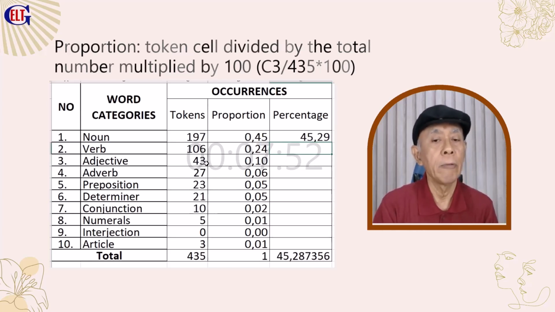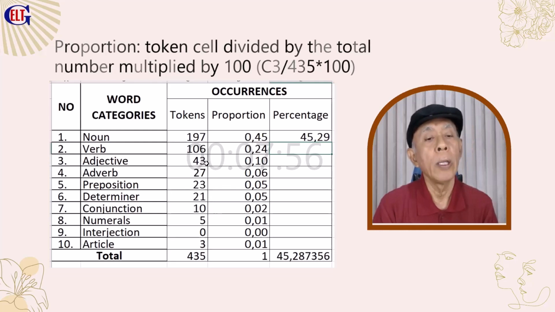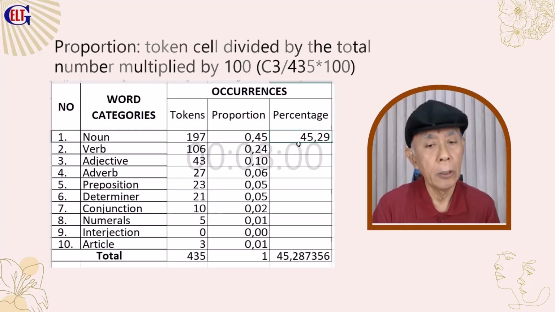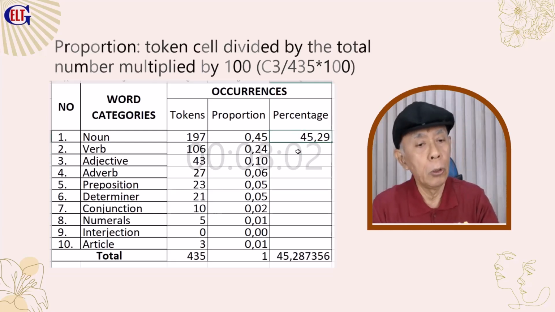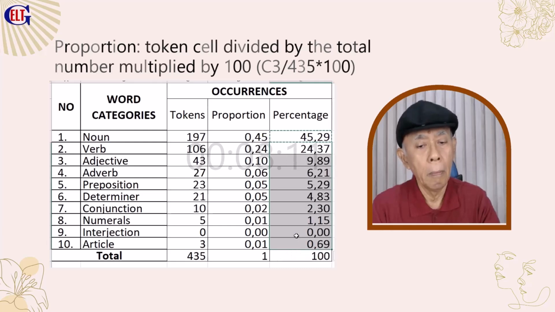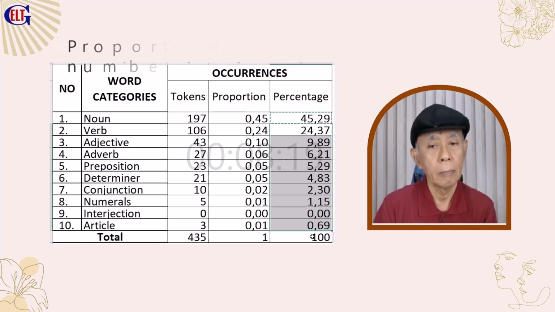The percentage is 45.29 for the noun category. You can just copy this percentage to the other cell to get the percentage of the other word categories. Copy and paste. Here we see that the total number of percentage is 100%.